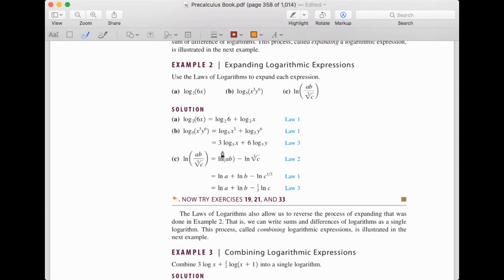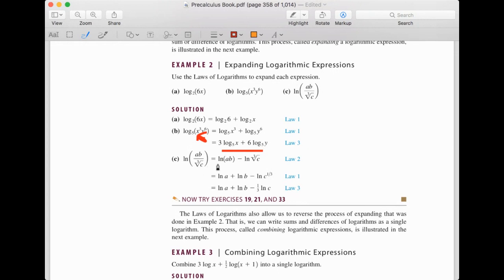Similarly, if we're given this, we can do the opposite. We can write it into 1 log. Let's see the third one. We have multiplication, a times b, and also division. This is ln, natural log, log base e.